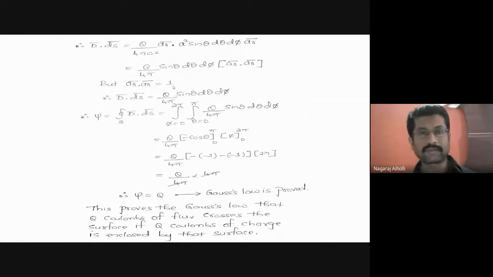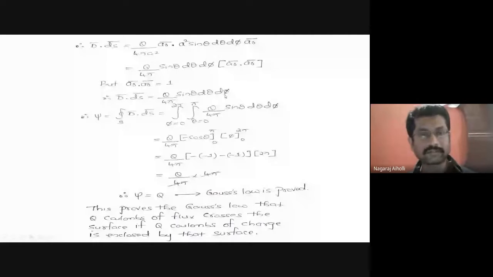So a_r bar dot a_r bar is 1. That is the equation: D bar dot ds bar is equal to q by 4 pi sine theta d theta d phi.